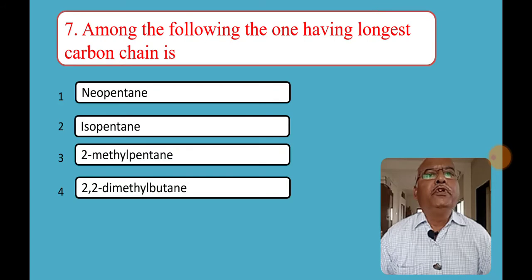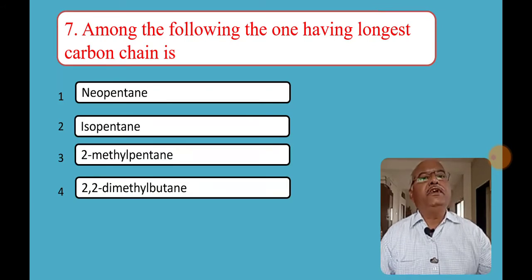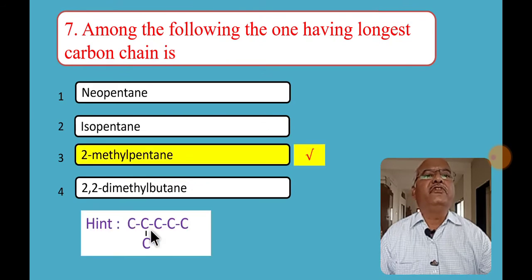In 2-methylpentane and 2,2-dimethylpentane, pentane is the longest carbon chain. Therefore, the third answer is the correct answer. 2-methylpentane can be represented like this.